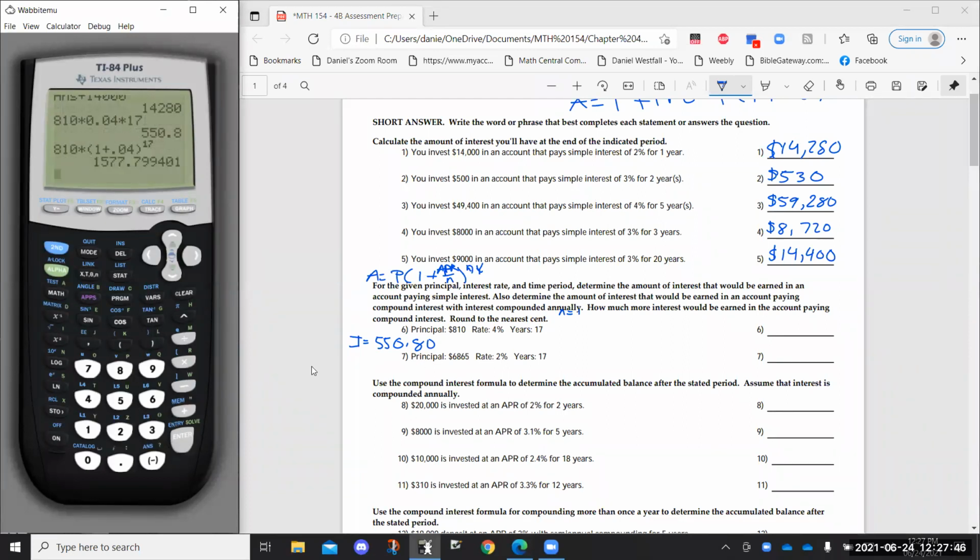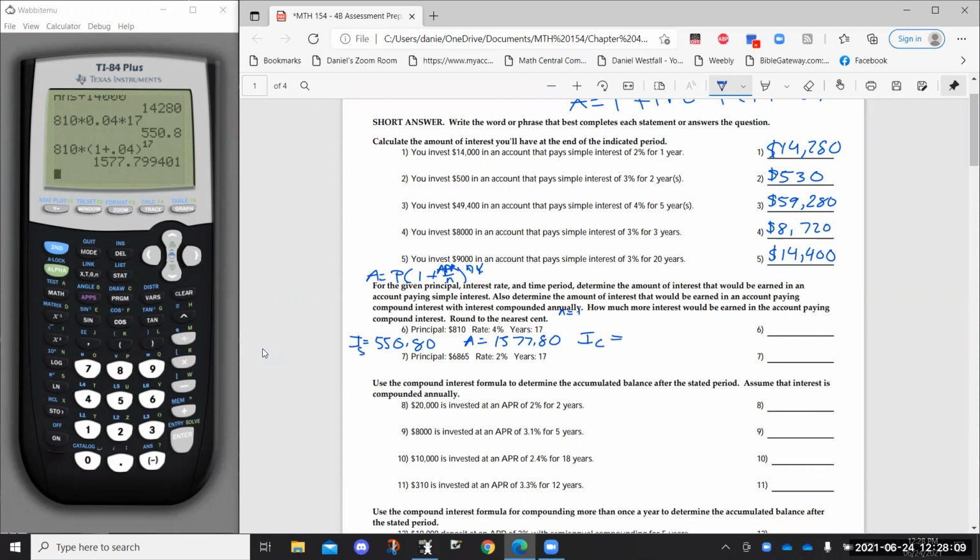I'm going to subtract my original principal to find out how much interest. Here, I'm going to round this to the nearest cent. It's going to be 1577.80. So I'm going to call this my simple interest, and this my compound interest.